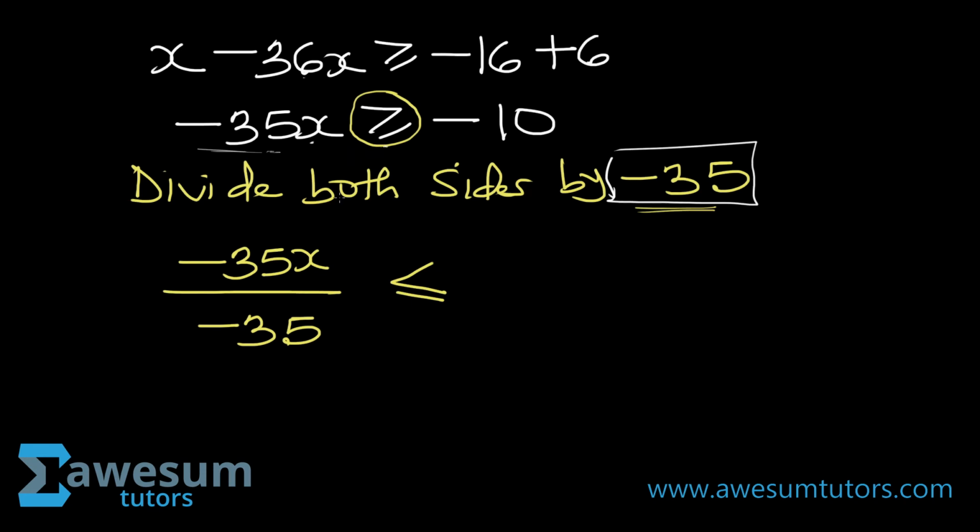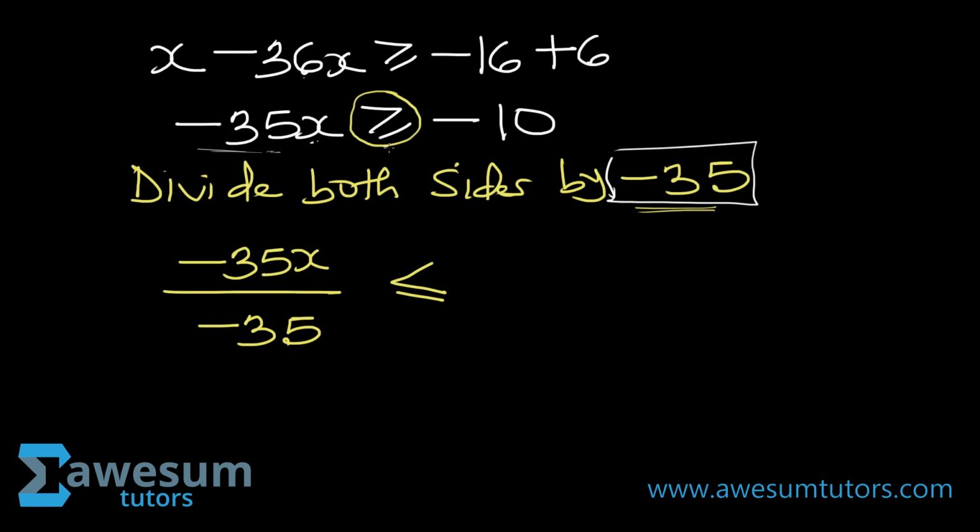Okay, once again, we are dividing both sides by negative 35 because we are trying to find x. Because we are dividing by a negative number, you have to change the sign. You have to reverse the sign.